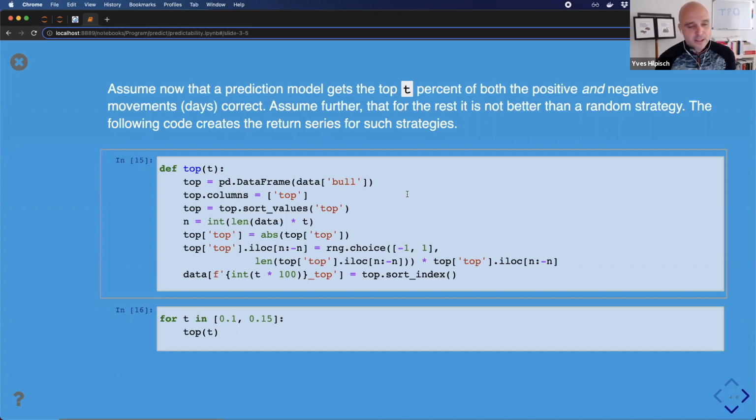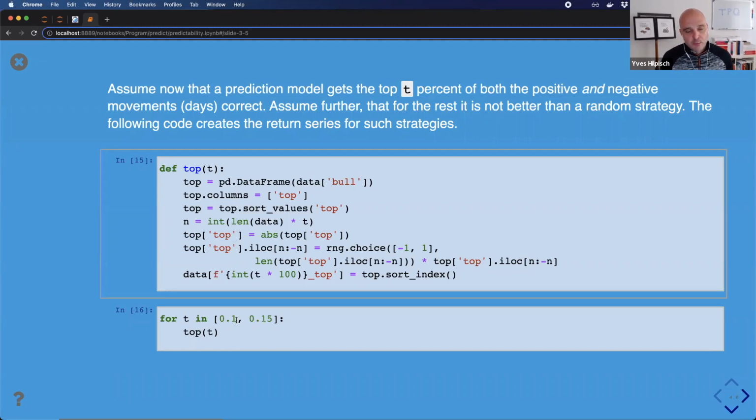I can set t, as you see here, to 10%, 15%. 10% means that I get the top 10% and the worst 10% correct, meaning I'm long for the top 10% of the movements and I'm short for the 10 worst movements, the 10 largest drops.